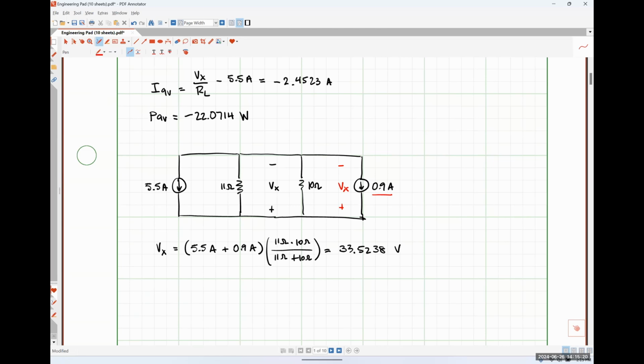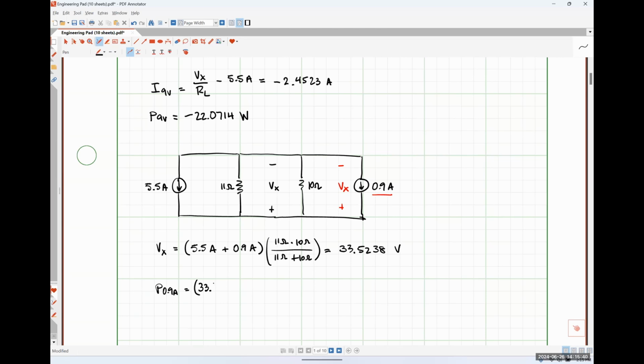And awfully convenient for us, the current is flowing into the negative polarity terminal. So the power supplied by the 0.9 amp source is simply going to be Vx times 0.9 amps.